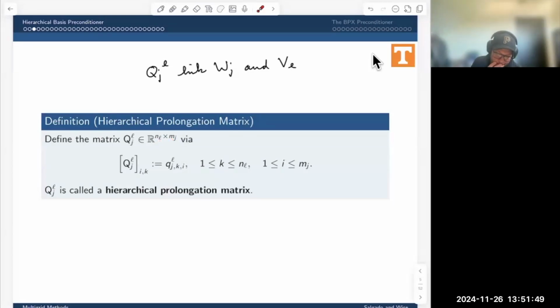So this is going to have many more rows than it is going to have columns. Let's just keep that in mind. Now, if I want to tell you how to define that matrix, all I have to do is tell you what the entries are in each row and each column.